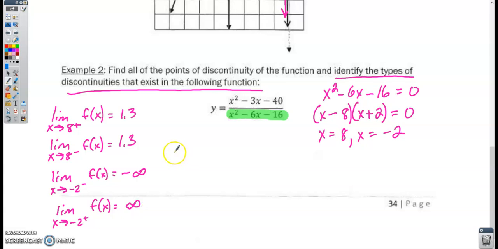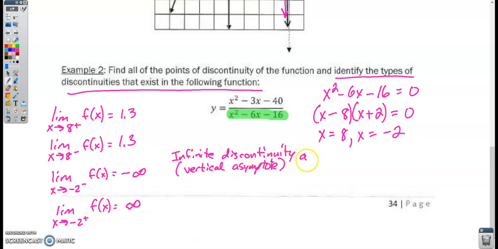There is an infinite discontinuity, or vertical asymptote, at x equals negative 2.